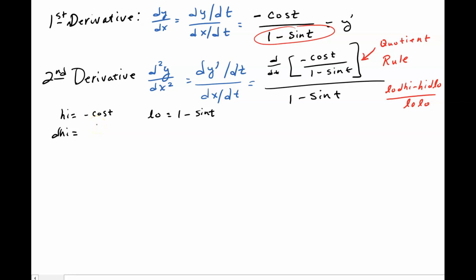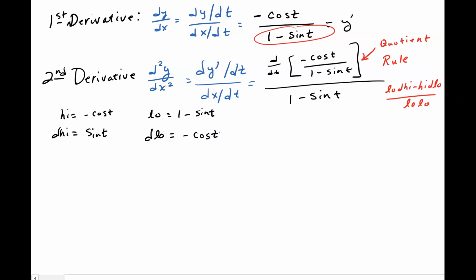So the derivative of cosine is negative the sine, but a negative and a negative make it a positive sine. Then d low is going to be the derivative of 1, which is 0, and the derivative of sine is cosine, but it's negative, so negative cosine right there.